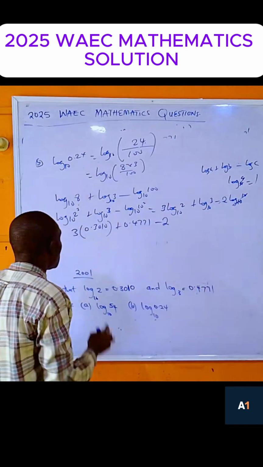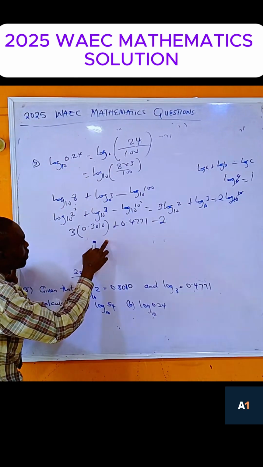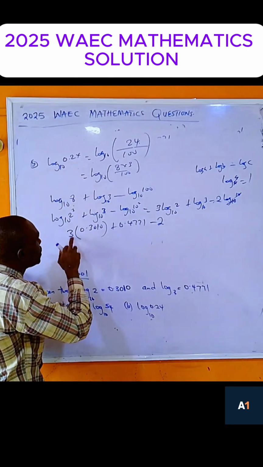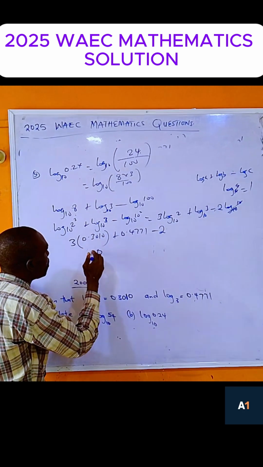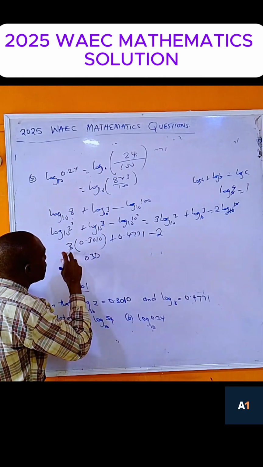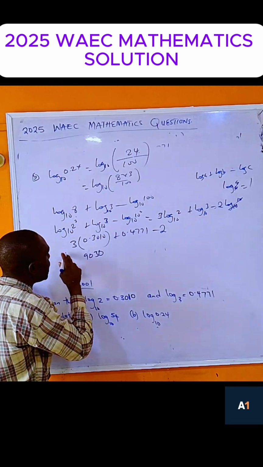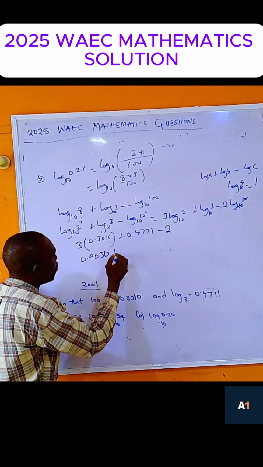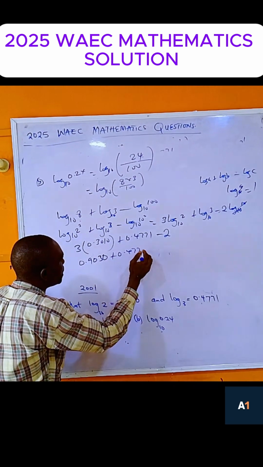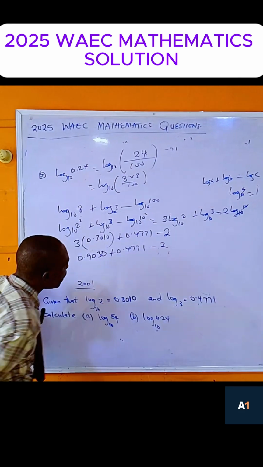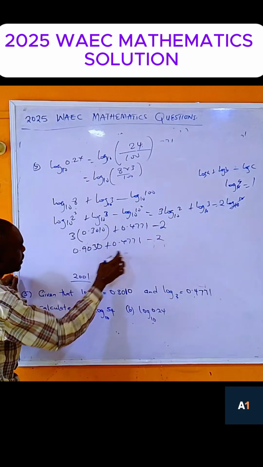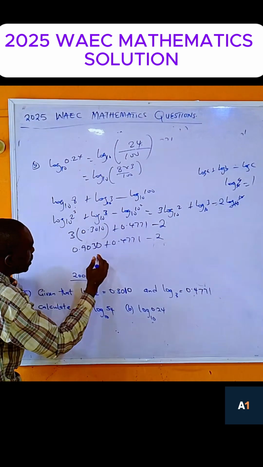So now, in this case, open the bracket. 3 times this will give you 0. 3 times 1 will give you 3. 3 times 0 will give you 0. 3 times 3 will give you 9. Then, which is 0.9030, then plus 0.4771 minus 2. So now, from here, add this and this together.